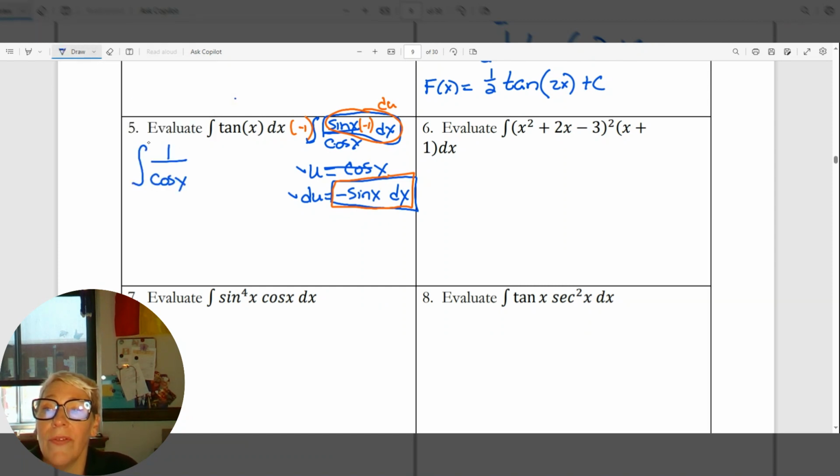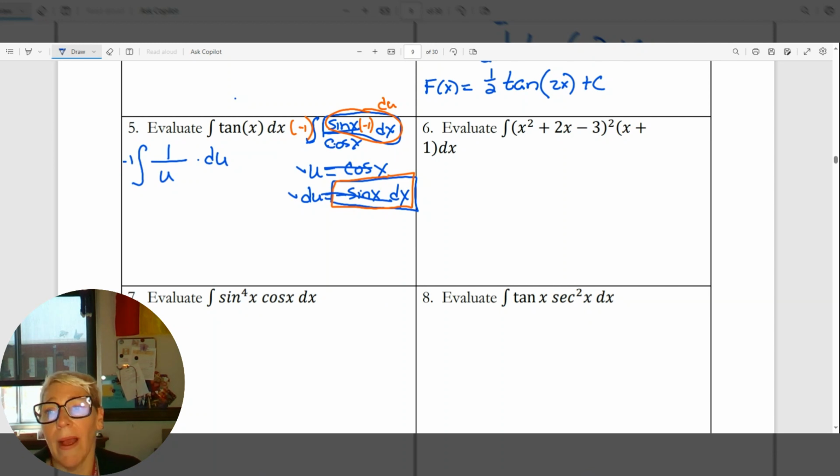So I have the integral of 1 over u times du, with that negative 1 hanging out in front. Let me write that as negative 1, 1 over u du. I've used all of du and all of u, and now my job is to take the antiderivative.